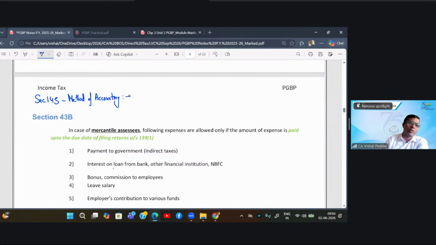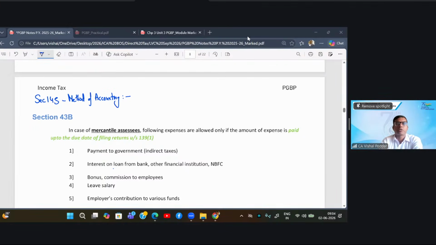now what is this method of accounting? Now in accounts, we have heard cash basis and mercantile basis. Now we all know that different amounts or different profits will arise if you follow cash basis and different will arise if you follow mercantile basis because both will consider different amounts of incomes and expenses.